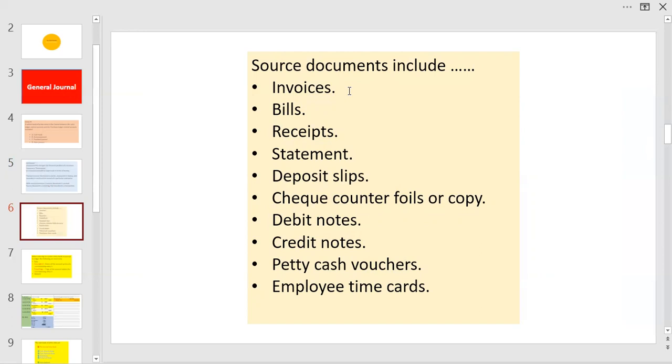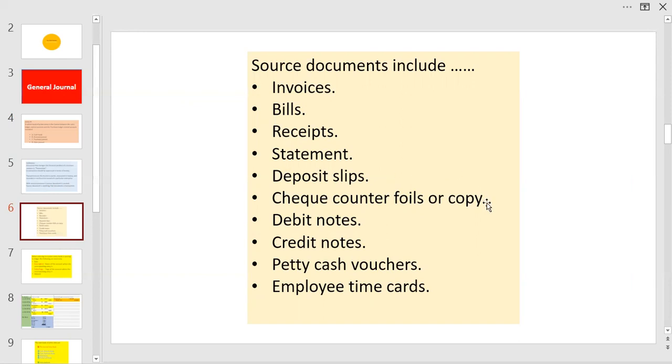Invoice, normally generated during sales, purchases, etc. Bills, mostly used for service, say electricity bill, water bill. Receipts, when we make a payment, as an acknowledgement it is given to us. Statement, bank statements. For an example, we pick bank charges, interest, other details from that document. Deposit slips. When we deposit money, either cash or check, into the bank, we keep a copy. That is a source document as well.